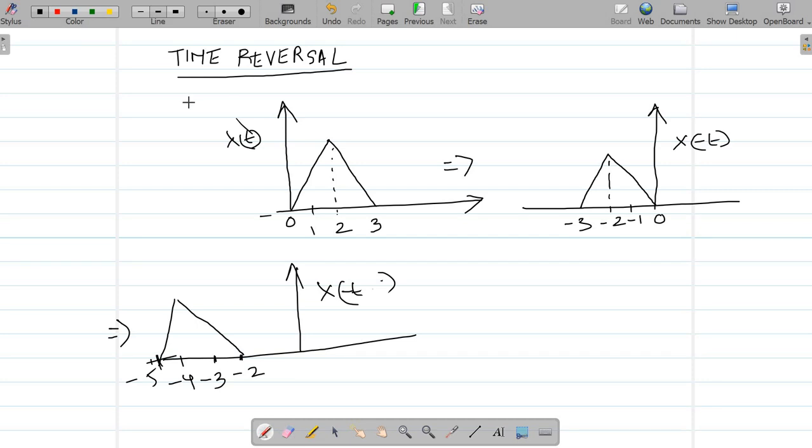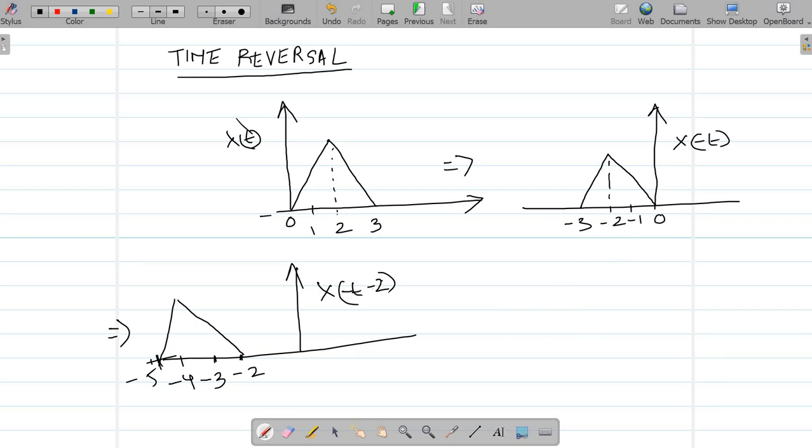So it has been advanced by 2 units, negative 2 units. So I have done both the operations. First was the time reversal, and then I have done the time shifting.